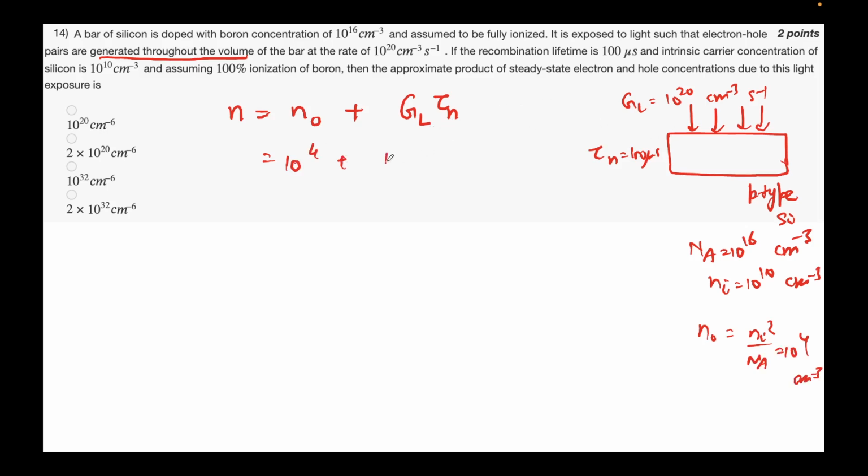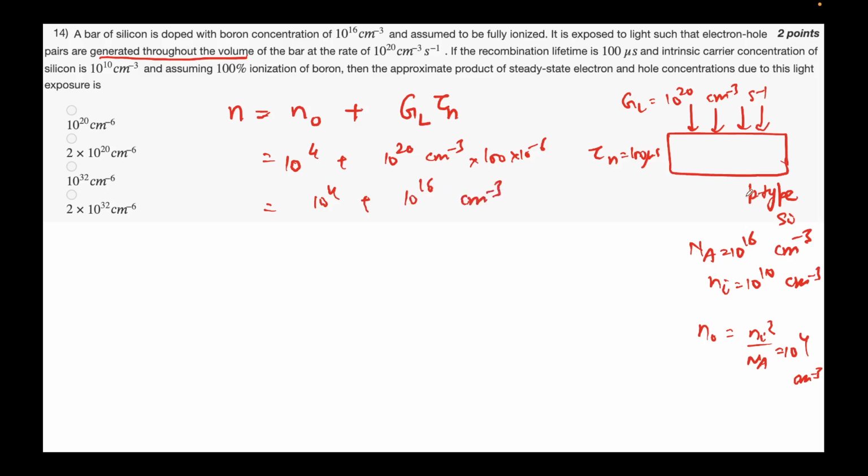GL is 10 to the power 20 cm minus 3. Tau has not been given, so we'll assume that the recombination time of holes as well as electrons is the same, which is 100 microseconds. So 100 into 10 to the power minus 6. If you solve this, this will come out to be 10 to the power 4 plus 10 to the power 16 cm minus 3.